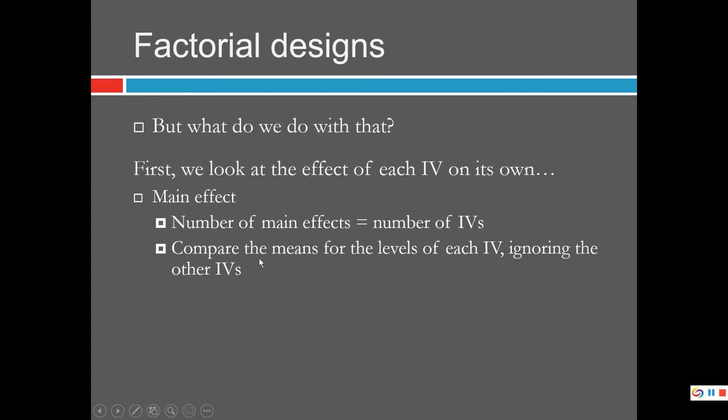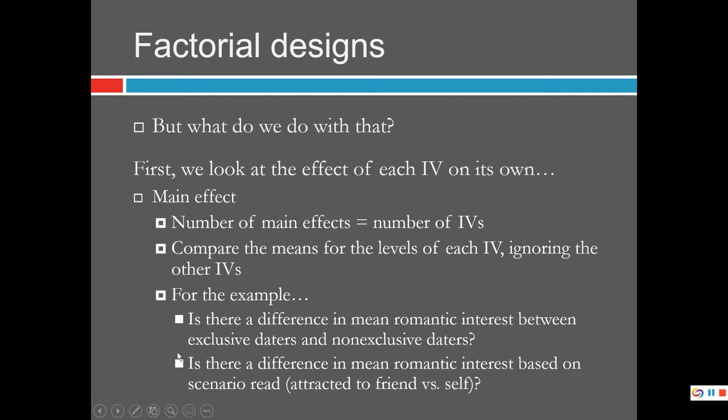So the way you look at main effects is by collapsing things across those different groups and just kind of ignoring the other independent variable. So the two questions you might be asking: is there a difference in the romantic interest between exclusive daters and non-exclusive daters regardless of the situation they found themselves in?